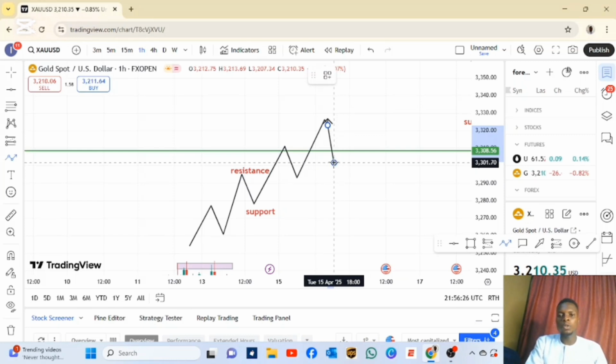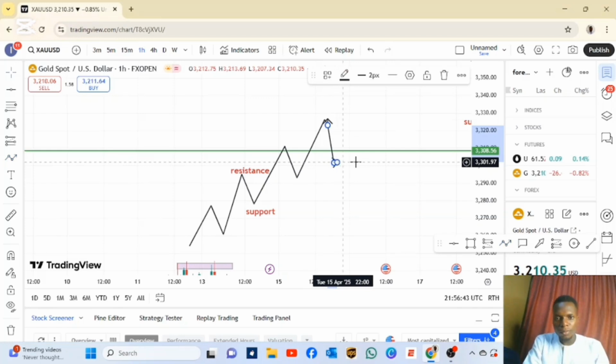I want to let you know that it's impossible to have a bullish market like this without higher highs and higher lows, respectively.